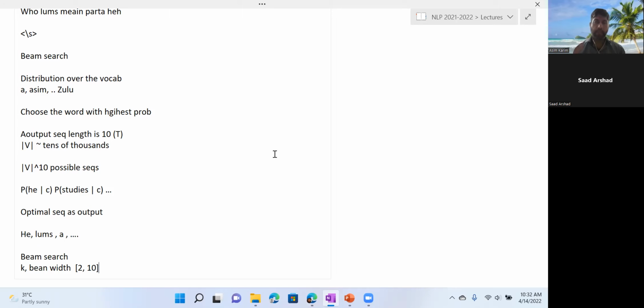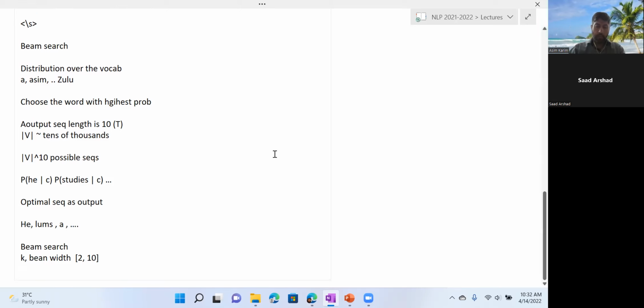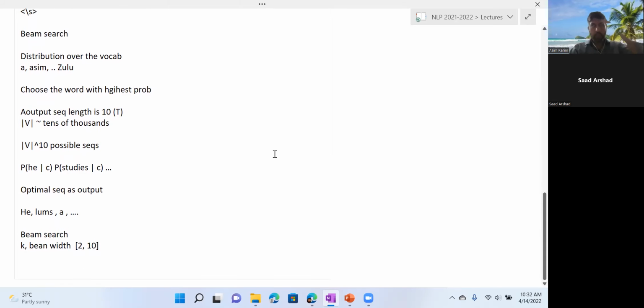Okay. So we have kind of made it more flexible, although we are not considering the entire vocabulary, the V possibility. We are only considering the top 10 possibility. Of course, as I said, it's between optimal search and greedy search, some intermediate level. Okay. So in this way, what would happen?